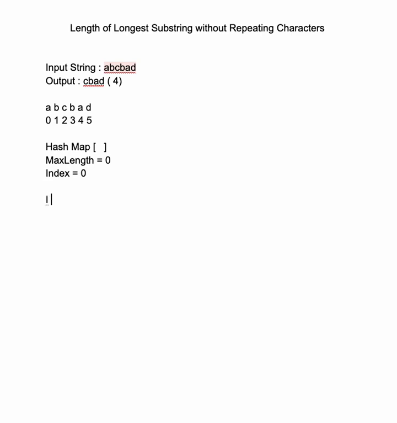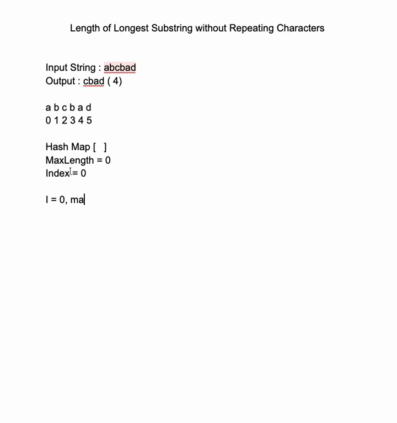So at I equal to 0, now let's check the character A. The character A is not present in the hash map. So we need to first update the max length and then update the hash map. So the index is 0.